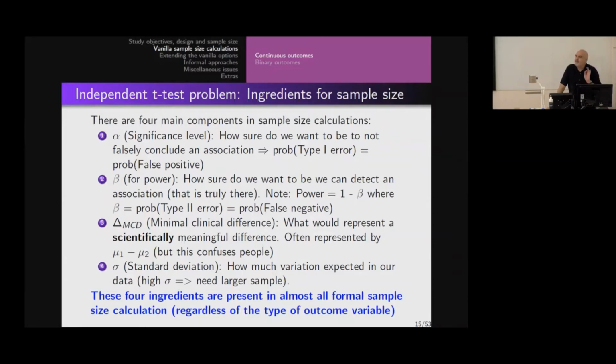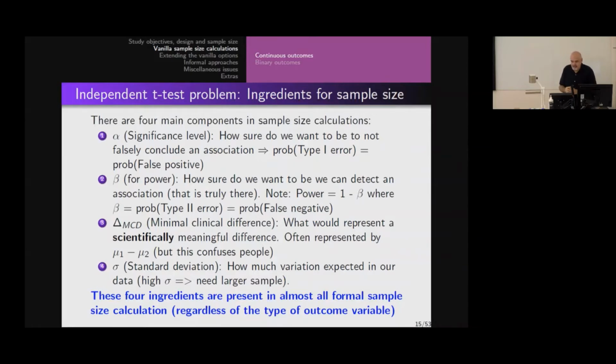Number 2, beta, which is related to the power of the study. How sure do we want to be that we can detect a difference or an association that is truly there? Note here that power equals 1 minus beta, where beta is the probability of a type 2 error. Type 2 error is failing to recognize that a treatment works when it really does.